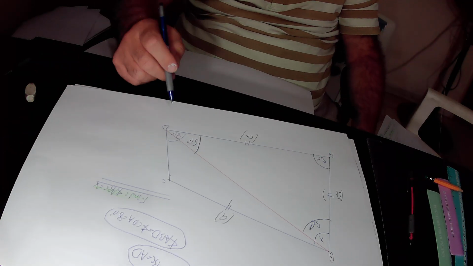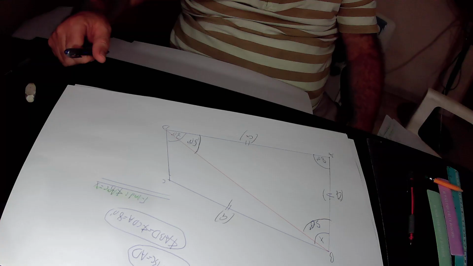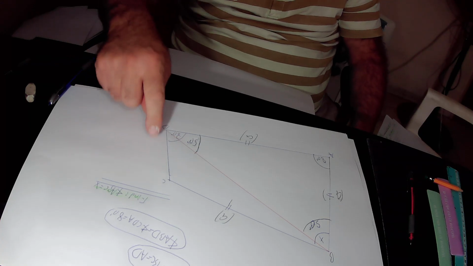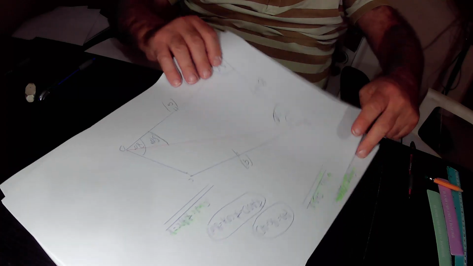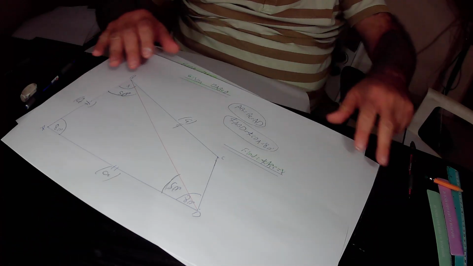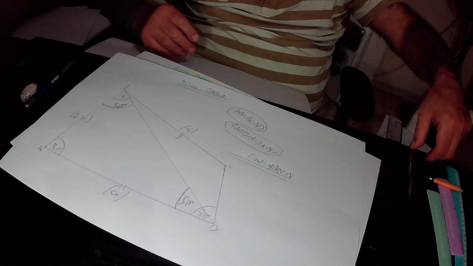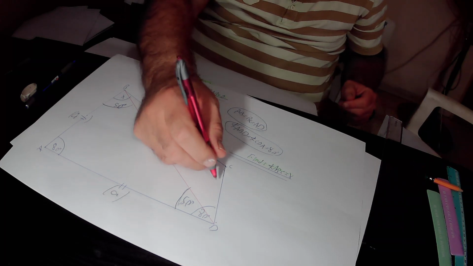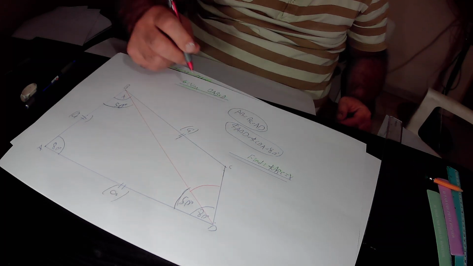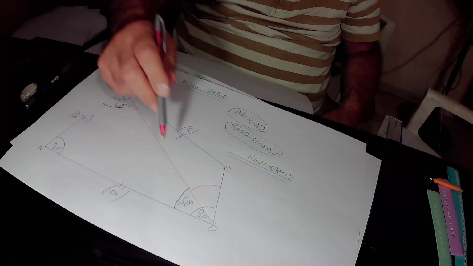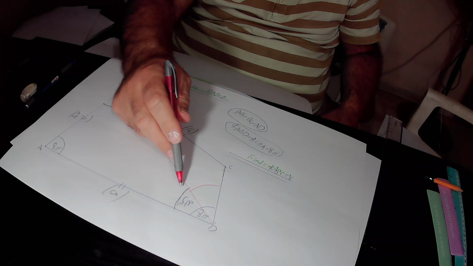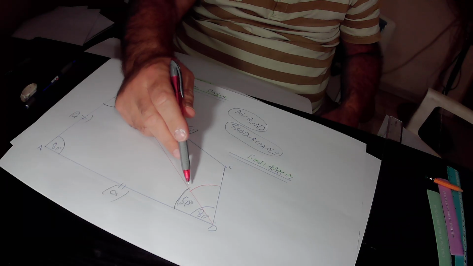So, what is the size of this missing angle, angle CDB? Angle CDB equals 80 degrees, the big angle, minus this angle, which is 50 degrees. 80 degrees minus 50 degrees is 30 degrees.